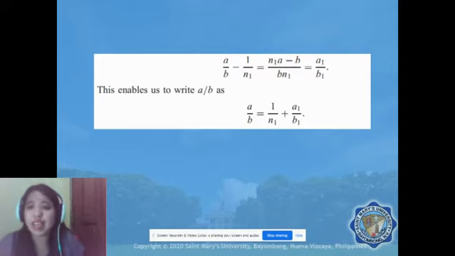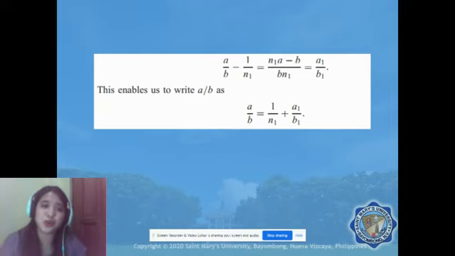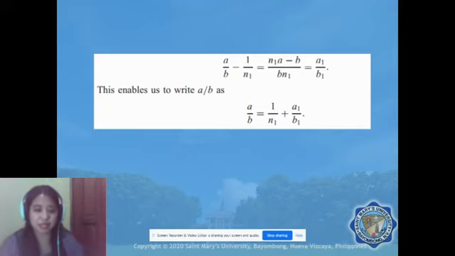In case a sub 1 over b sub 1 is not a unit fraction, we can use the same process using the Fibonacci method, or we can use the previous methods discussed, such as the 2 over n table and the splitting method.